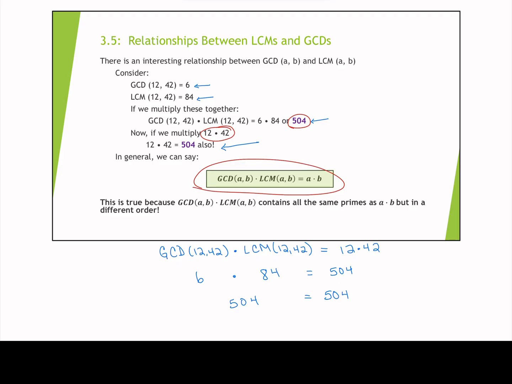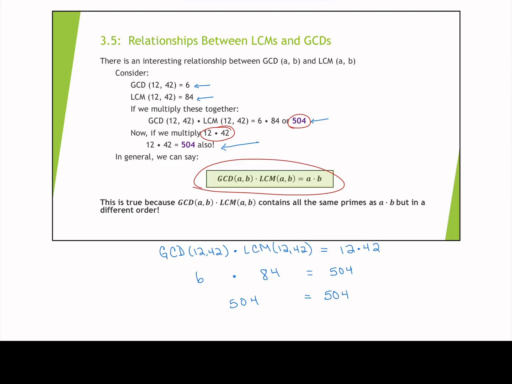This is true because if you take the GCD of A and B and we list those as factors, and we multiply that by the lowest common multiple for A and B, again, list all of those factors, you're going to recognize that it contains all of the same primes as A times B, but they're just in a different order.